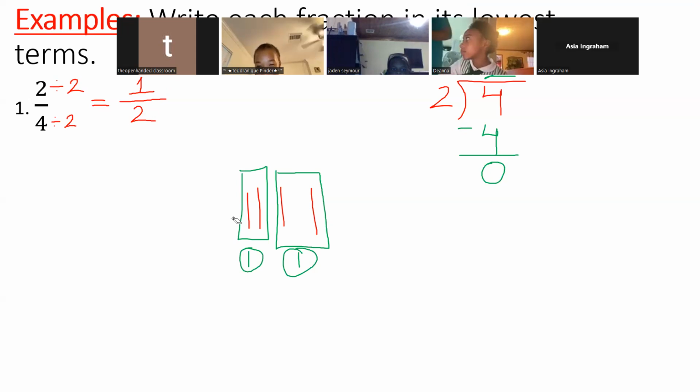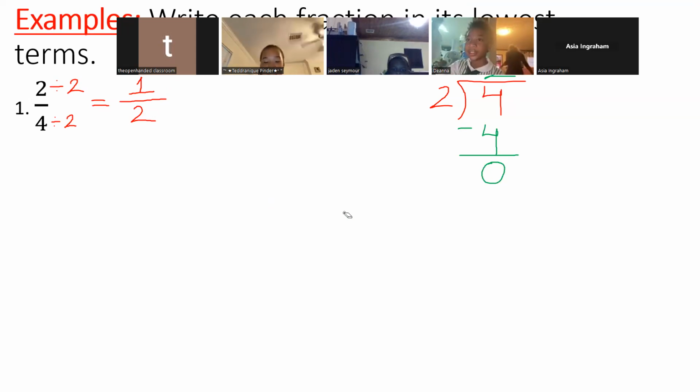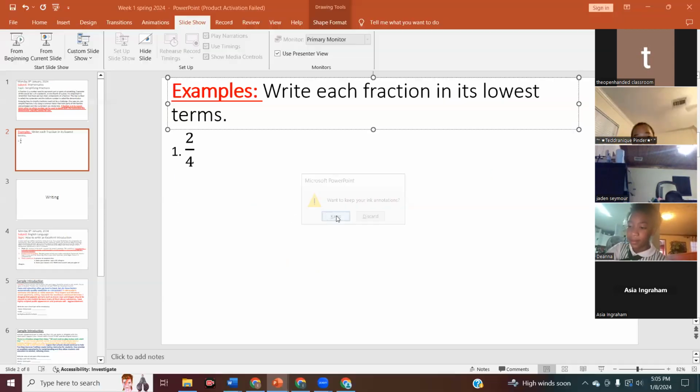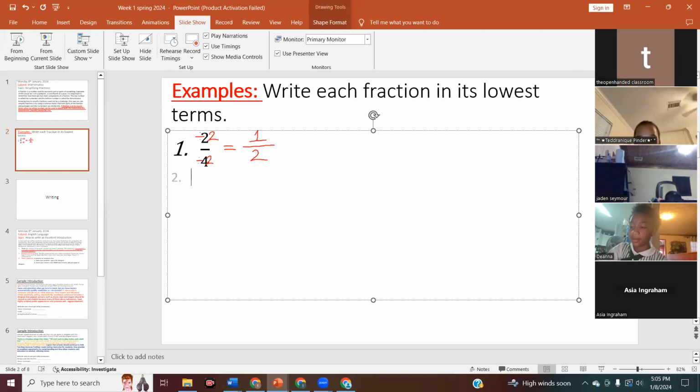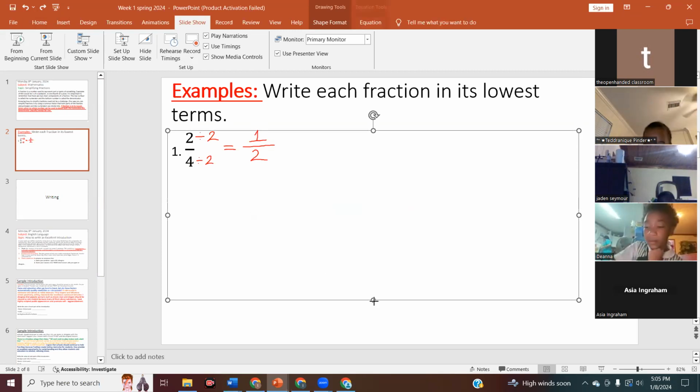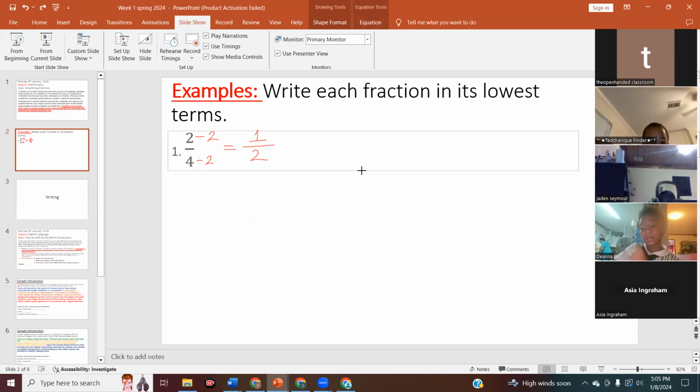The fraction is 2/4 and it can be simplified. 2 divided into 2 is 1, and 2 divided into 4 is 2. So that's how you get 1/2.